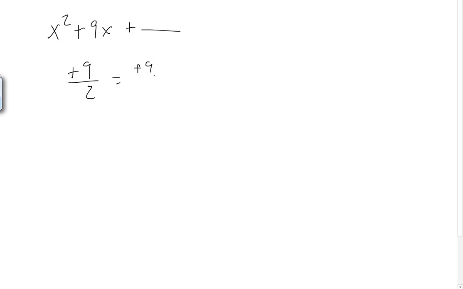Well, that doesn't simplify. It's just positive 9 divided by 2. And when I square it, 9 divided by 2 squared is 81 over 4. So the number that creates a perfect square trinomial is 81 over 4.